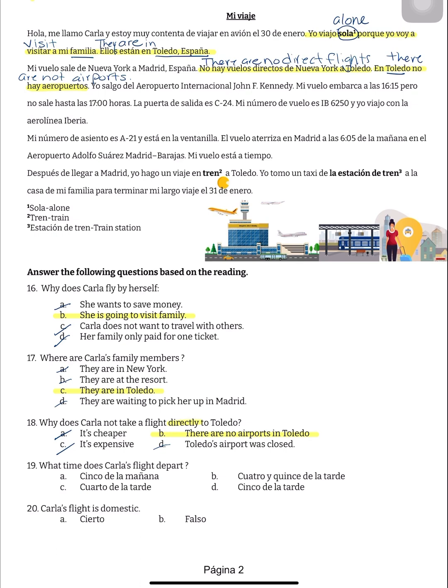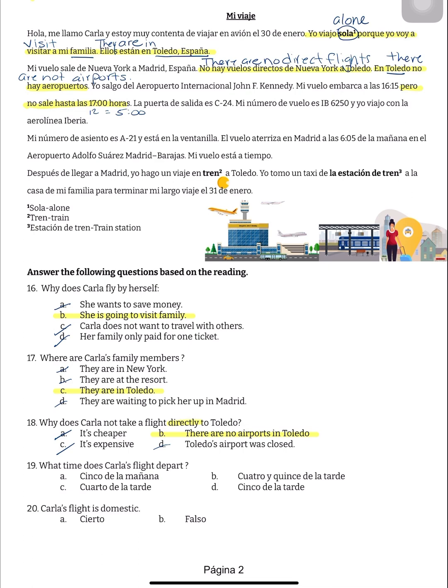What time does Carla's flight depart? Okay, so it says, yo salgo del aeropuerto internacional John F. Kennedy. Mi vuelo embarca a las 16:15, pero no sale hasta las 17 horas. If you don't remember, you just subtract 12, and that's going to give me a total of 5 o'clock. Okay, so we're going to go here.